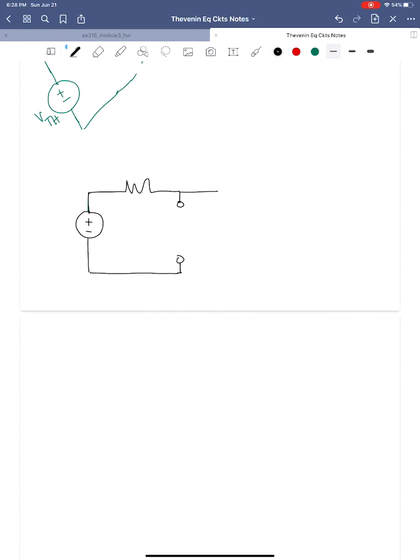So I've taken out the 5 ohm resistor because that's our load. Here is the 5 amp source, the 2 ohm resistor, the 10 volt source, and then our 8 ohm resistor.